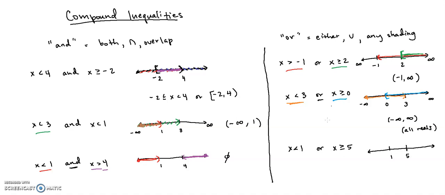Okay, so x less than 1, we'll make that purple. So that's going to shade to the left. And it's not included, so we're going to have a round bracket. And then x greater than 5, we can do that in orange. So that's going to shade to the right. And that's going to be a square bracket.